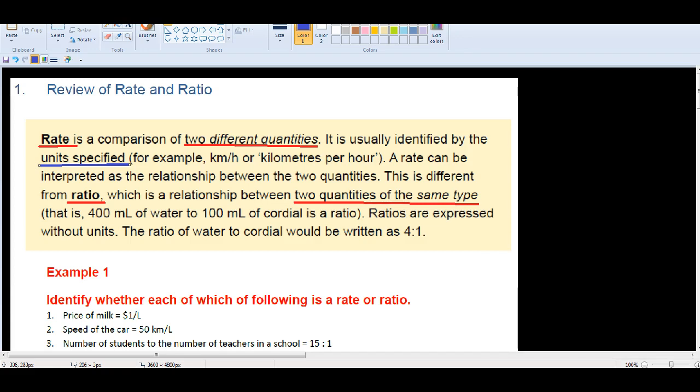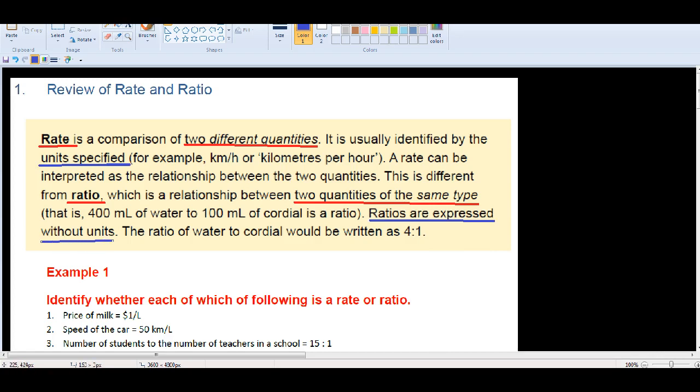When you talk about, for example, the volume of water and cordial, they are both volumes, so they have the same kind of units, milliliters, ml. If both have milliliters, when you divide them the final number won't have a unit. So a ratio is expressed without units.